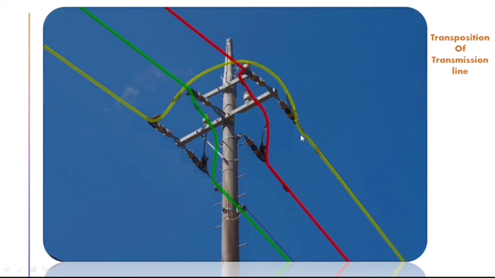I think you clearly understood from this diagram. One conductor changes to the position of the next, and this also changes position at a regular interval, and in the next interval it changes position again. This fashion is called transposition of lines, in order to maintain the same voltage drops in all the conductors.